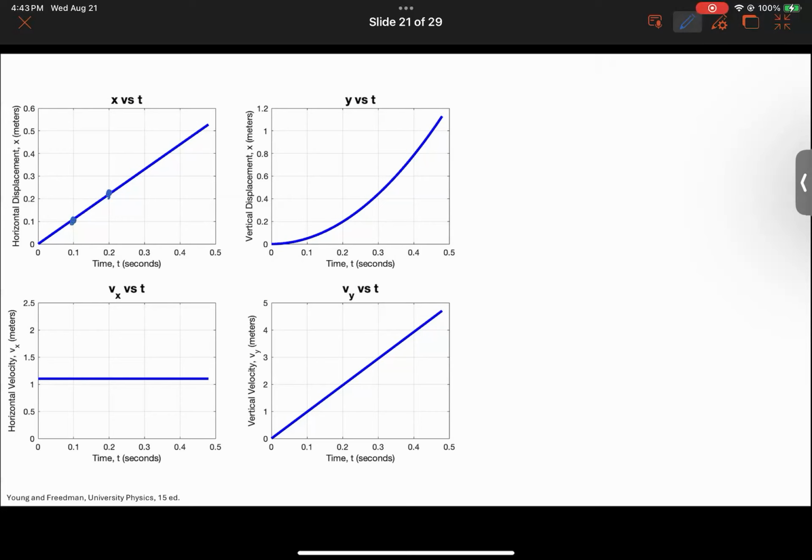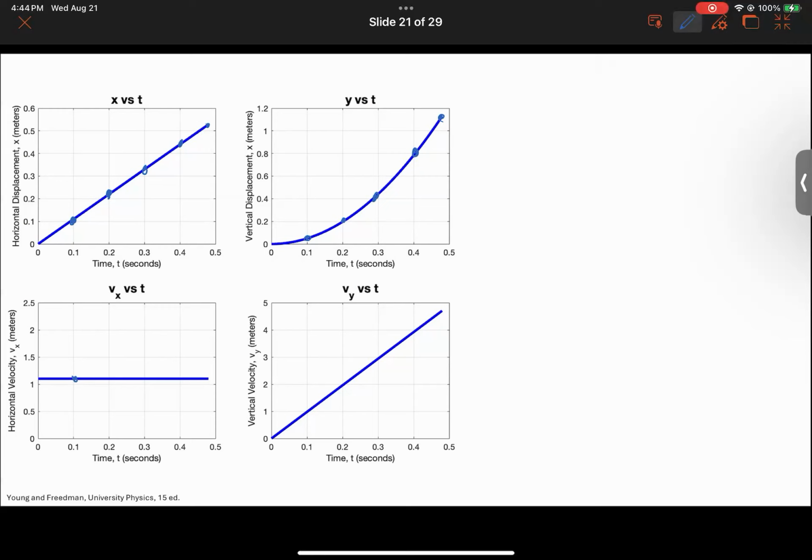Halimbawa, dito, dyan, dyan. Okay, so 1, 2, 3, 4, 5 points. Ganun din dito, yan. So if you do that, at specific time intervals, you'll get these 5 points as you connect the dots yun na lang. Okay, so halimbawa may lumabas na ganyan sa exam, ganyan yung mangyayari.